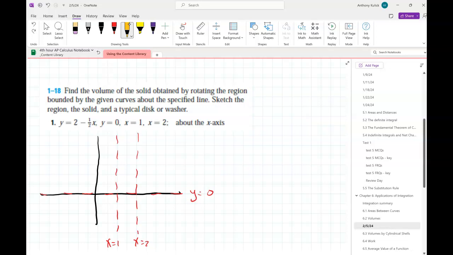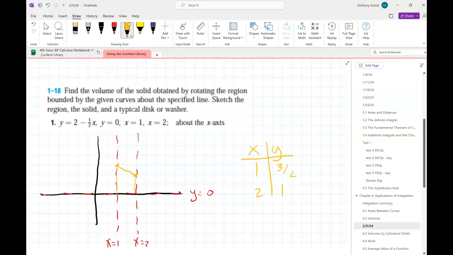Give me the start, give me the end, and I'll attach with a straight line, right? So I plug 1 in, I get 3/2. I plug 2 in, and I get 1. So again, I'm going by half units here. So I have 1.5, and then 1. Everybody feel okay?